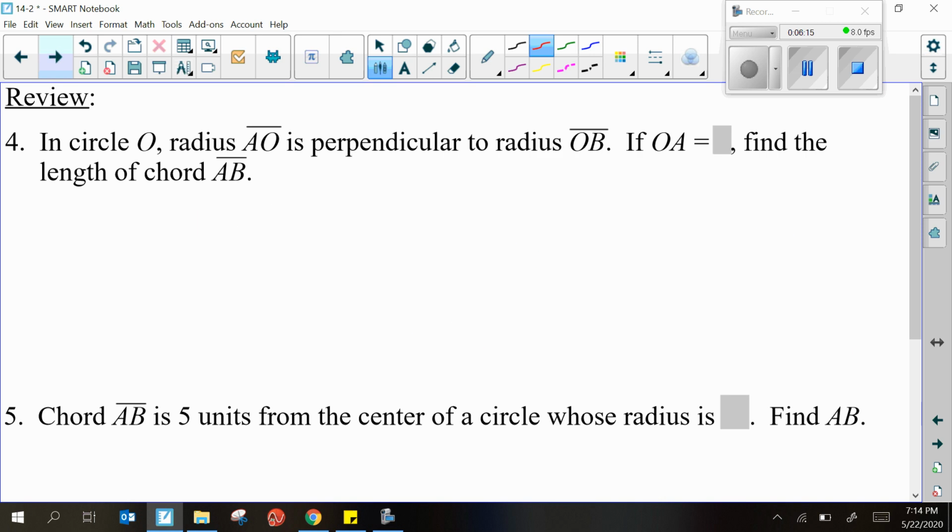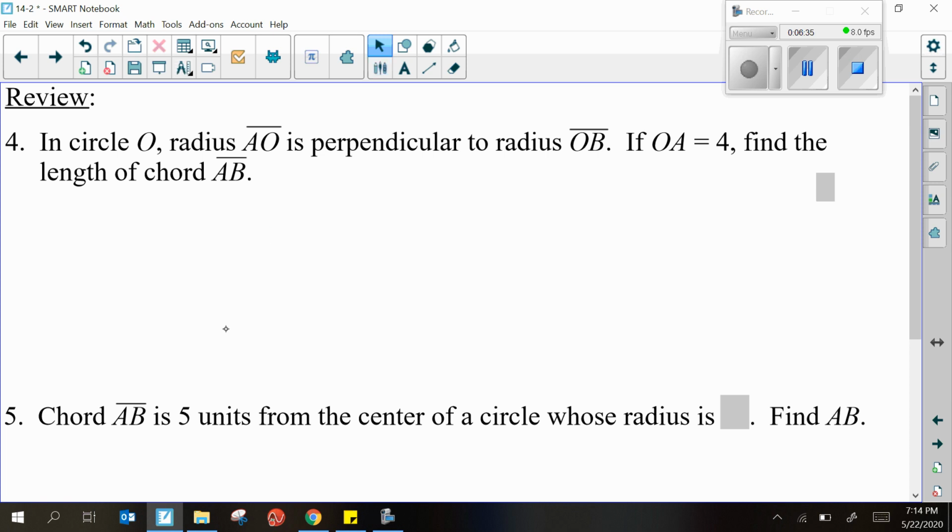All right, so that's the new material, but the stuff we learned previous lesson, I think we need some more practice on. So we're going to do a little more of that. So we have in circle O, radius AO is perpendicular to radius OB. If OA is 4, find the length of chord AB. So you have to actually draw the picture yourself.